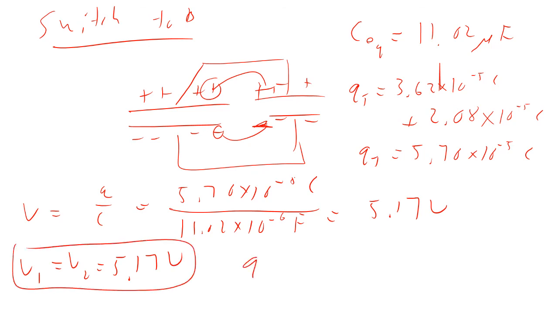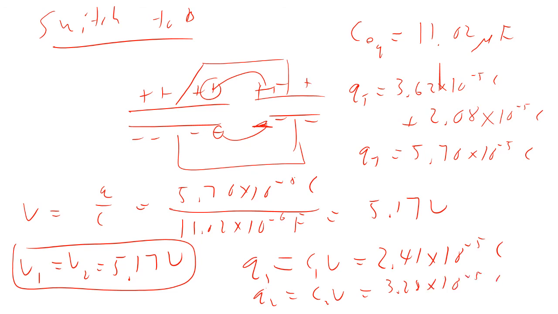But we know that Q1 is now going to be C1 times V. So that turns out to be 2.41 times 10 to the minus 5th coulombs. Q2 is going to be C2V, and so that's now equal to 3.28 times 10 to the minus 5th coulombs.